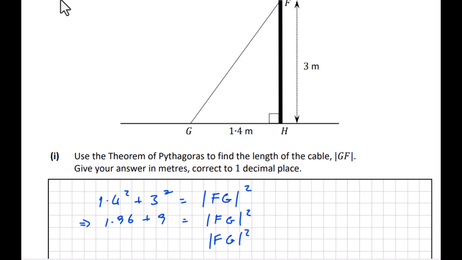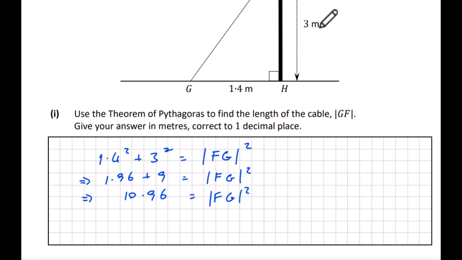FG squared is equal to 10.96. And what we've got to do then is just square root both sides. So the distance from F to G is just the square root of 10.96, and we've got to do this to one decimal place, so it is 3.3 meters.